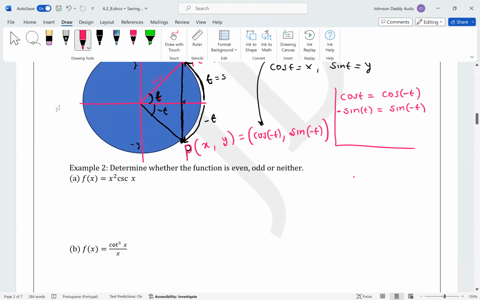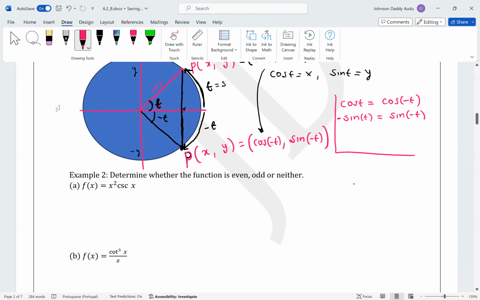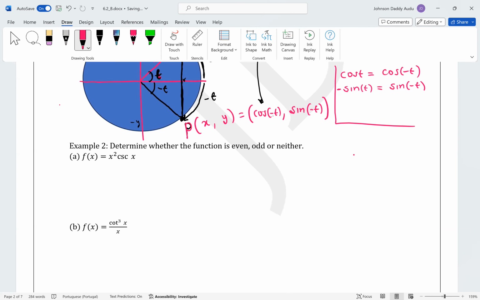So now, how do we do this? If you look at example 2, you want to determine whether a function is even or odd or neither. So what we need to do here is try f of minus x. So f of minus x is going to be, replace wherever you see x with minus x, right?